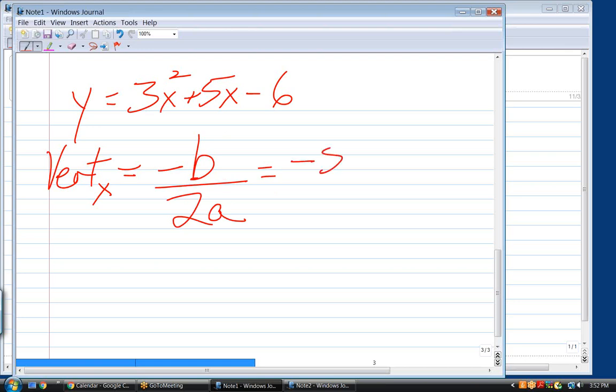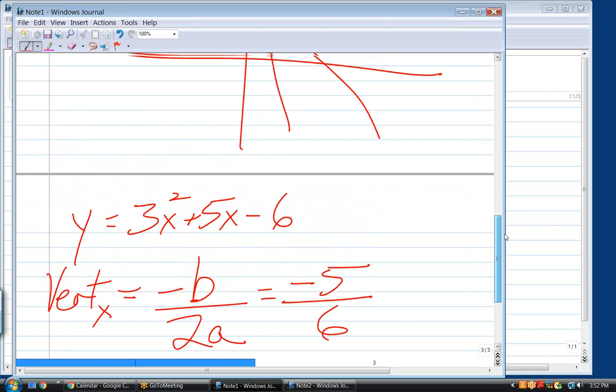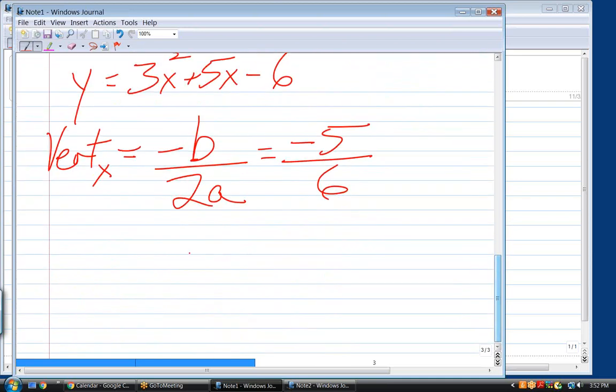It's going to be minus 5 over 6. And now, what I really want is the y-coordinate, right? So you sub in the negative 5 over 6 for all the x's. Well, yes, exactly. So the range on y, or the measurement on y at the vertex, I've got to do this math.